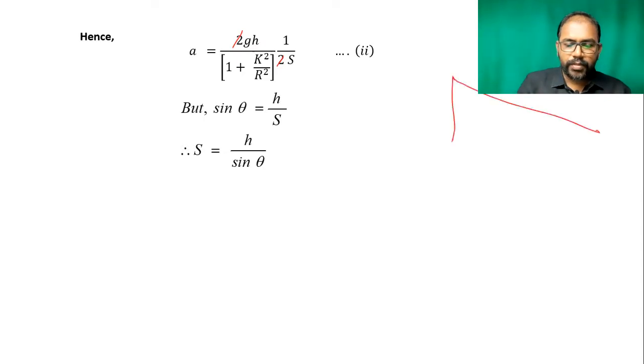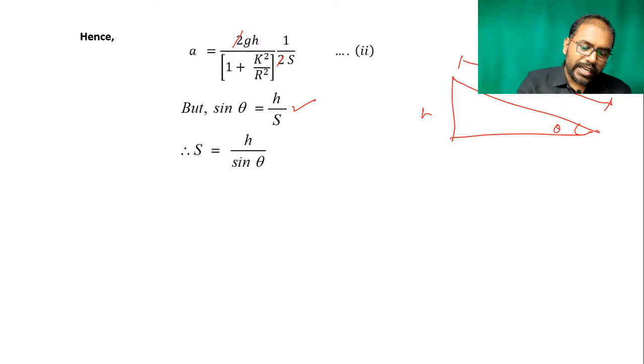This is theta. This is height h, and this distance is s. So sine theta is what? Opposite side h divided by hypotenuse s. Sine theta is h by s. So s is equal to h by sine theta, or we can write h is equal to s into sine theta. You can substitute anything here.